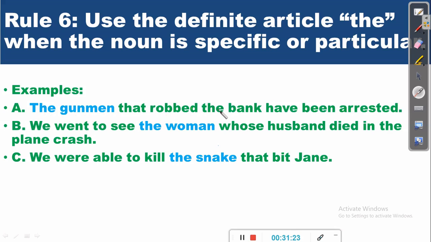Already, the gunmen are already known. We are talking about a particular group of gunmen. We are not talking about gunmen in general. We are talking specifically about certain gunmen. Who are these gunmen? The particular gunmen that robbed the bank are the ones we are talking about. So we use the definite article the. The gunmen that robbed the bank have been arrested.